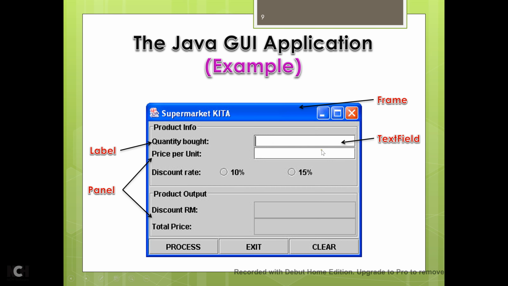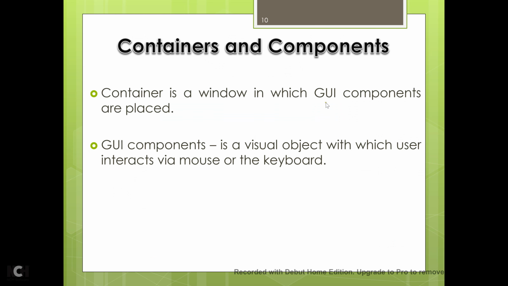And we have this radio button and the buttons. These are just some of the components available in this example. But of course, we can add more components, for example, checkboxes, JList, and so on.